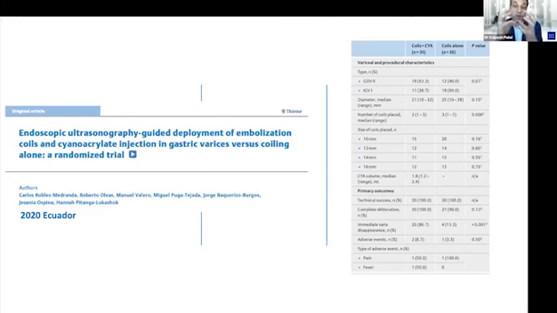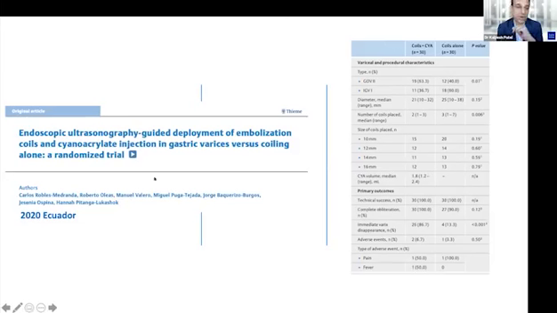One is to occupy space within the varix, and also to provide what we call a scaffolding effect, so that you can use a smaller amount of glue that fills the spaces within the varix to provide a similar plug, but reduce that risk of embolization of glue. And this has been the fundamental idea behind this technique.